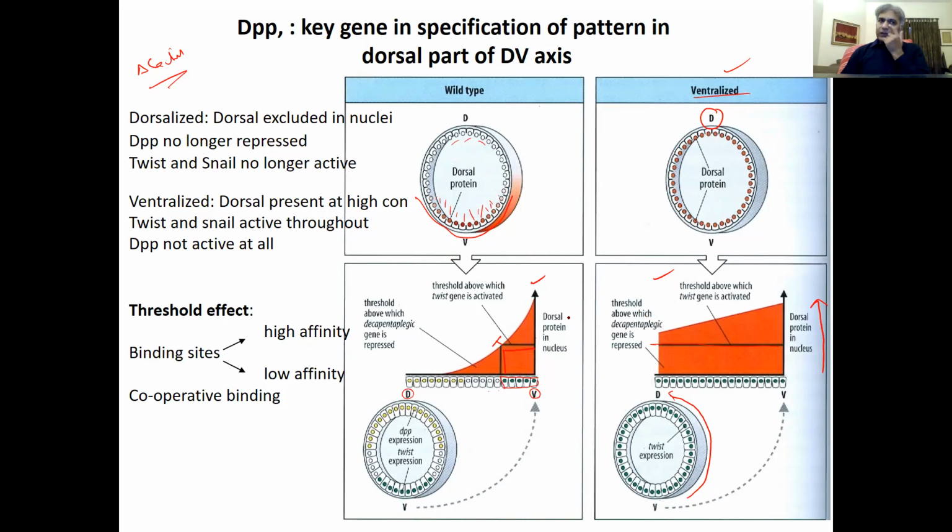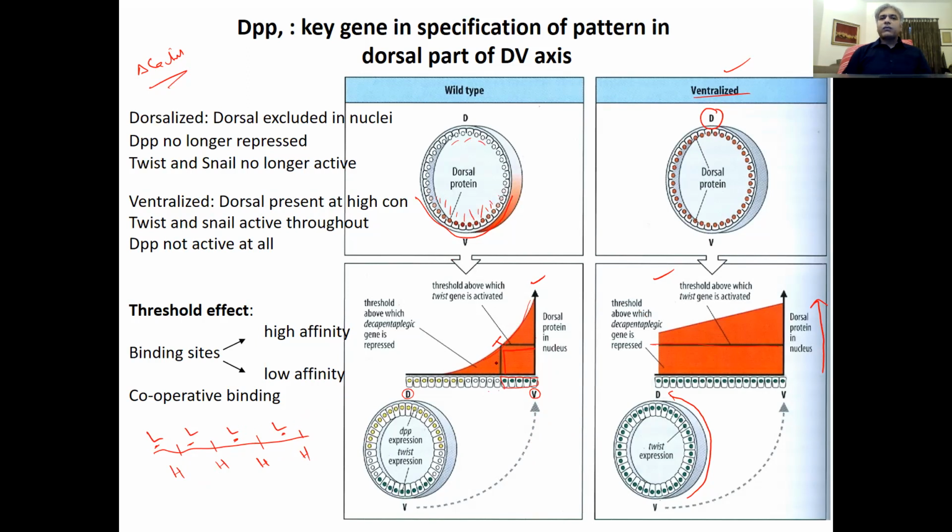This is because, when you have a concentration gradient, dorsal is a transcription factor. Okay. Within the genome, there are high affinity binding sites for dorsal, and then there are sites which are low affinity binding sites.